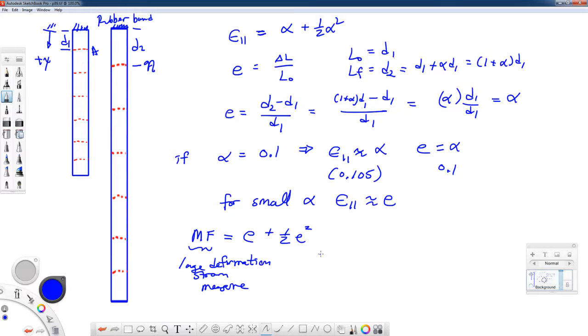And the E is a small deformation strain measure. And the magnification factor then would be equal to the engineering strain when the engineering strain is small.